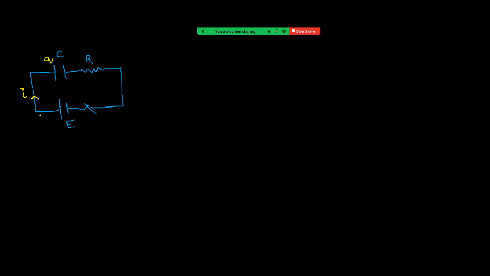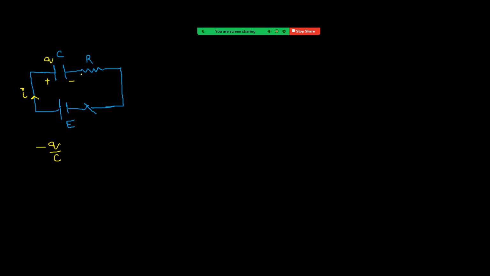According to Kirchhoff's second law, if you take the loop equation, going clockwise across the capacitor, this is positive and this is negative. So we are moving from high potential to low potential. So writing here minus Q by C, because high potential to low potential.